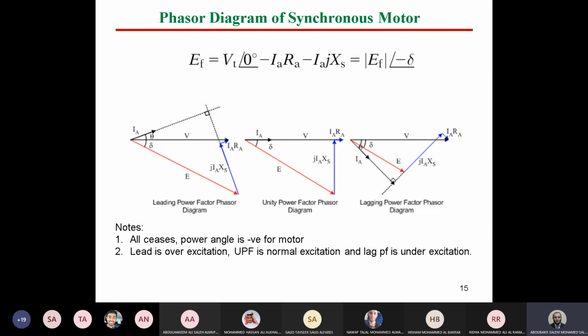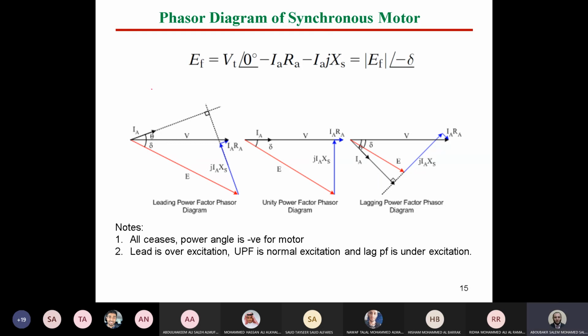Now, as you can see here, regarding over-excitation, under-excitation, and normal excitation, it's reversed compared to the generator. Because here we have leading power factor at over-excitation. So over-excitation is leading with a motor. However, under-excitation is lagging with a motor.